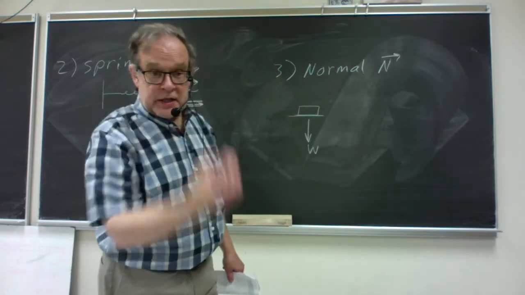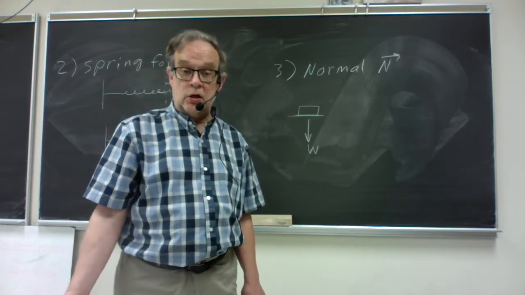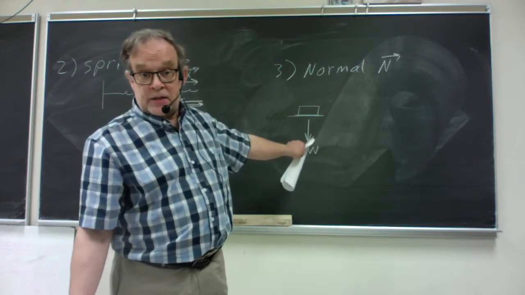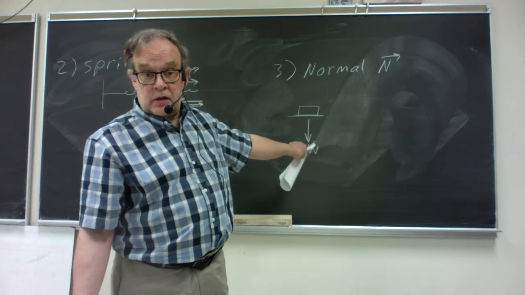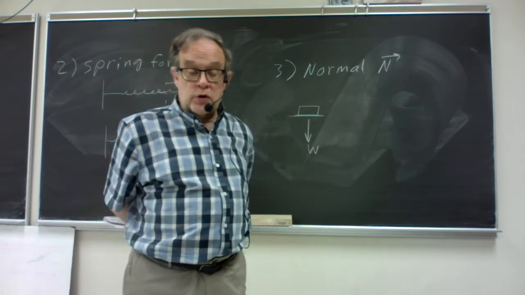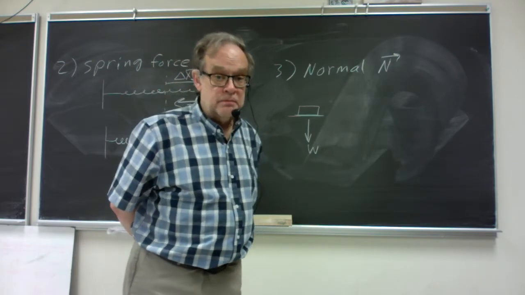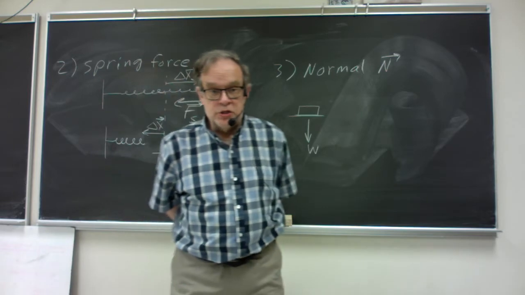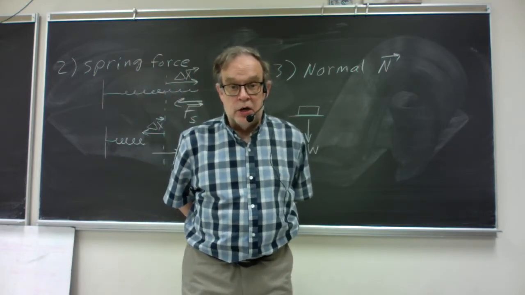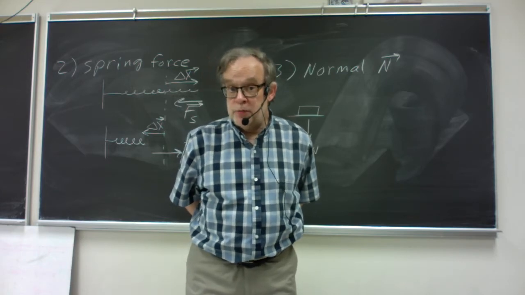But in spite of that downward pull from gravity, the book isn't falling, it's just sitting still. That means there must be some upward force that cancels out the effect of this weight force, so that the overall force, the grand total force on the book, is no force at all, zero total force. And that upward force that cancels out the downward force of the book's weight is a normal force from the tabletop.